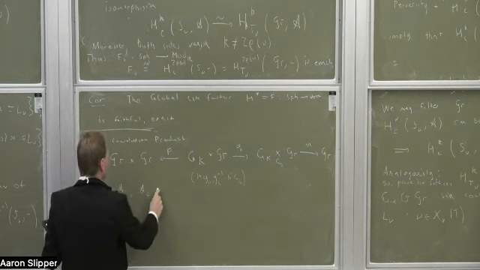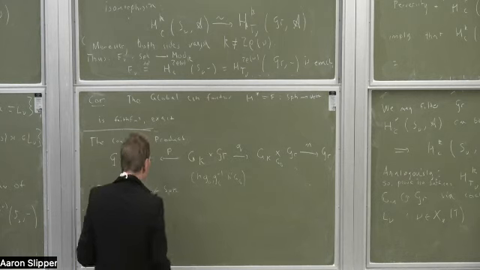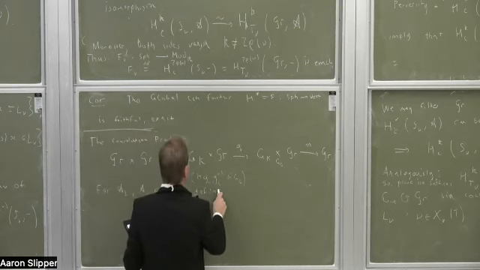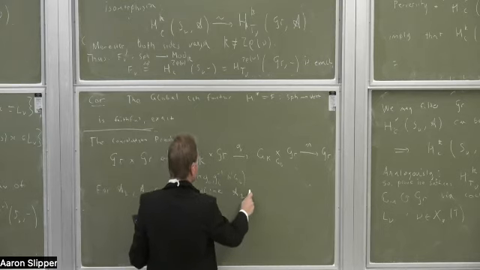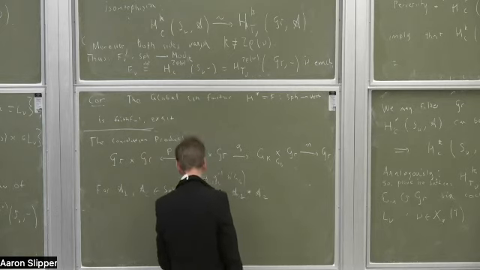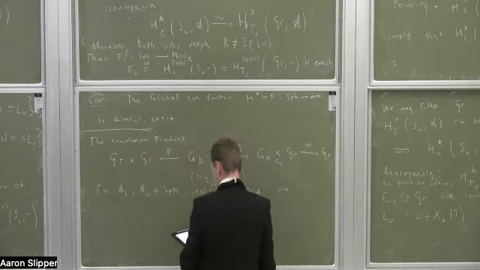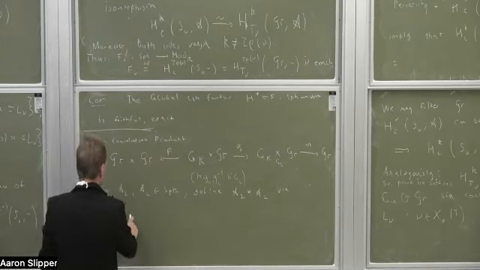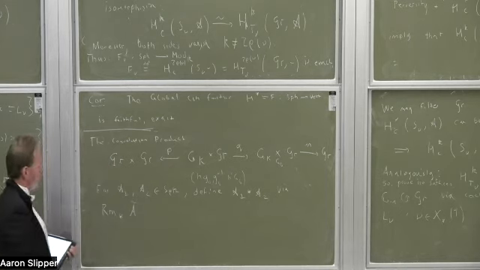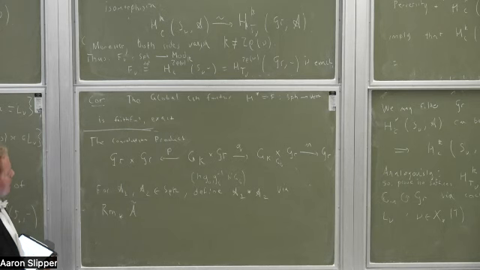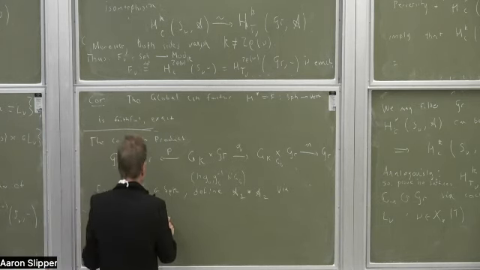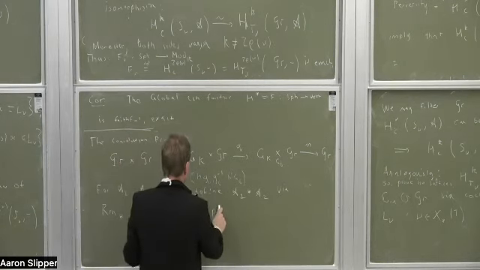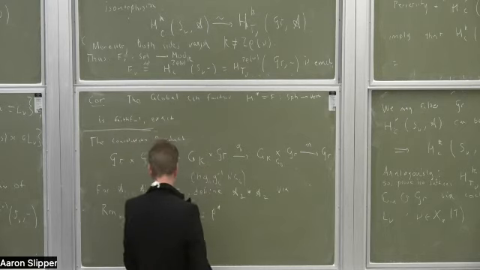for A1 and A2 in Sph, we're going to define A1 convolved with A2 via R n lower star of A twiddle, where A twiddle is the pullback.